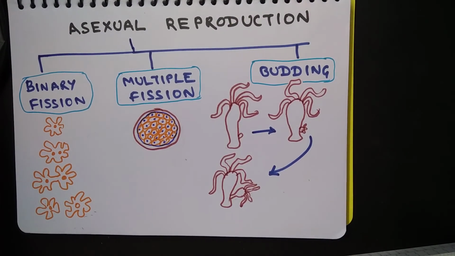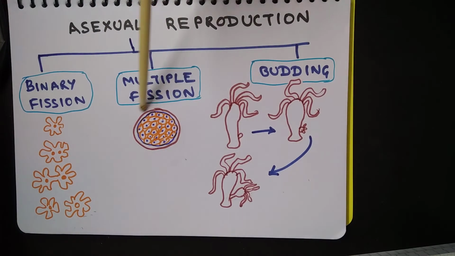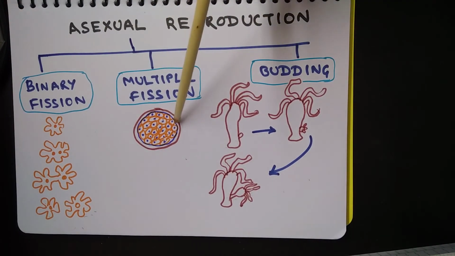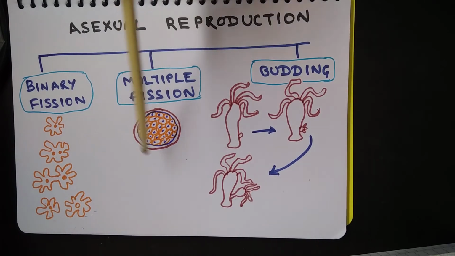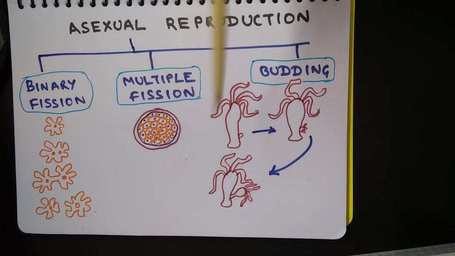Multiple fission. The plasmodium, which is malaria parasite, shows multiple fission. What happens? The cell makes a hard covering around it, and this covering is called cyst. After that, the nucleus undergoes multiple rounds of division to produce many daughter nuclei, and each daughter nucleus is surrounded by a membrane.